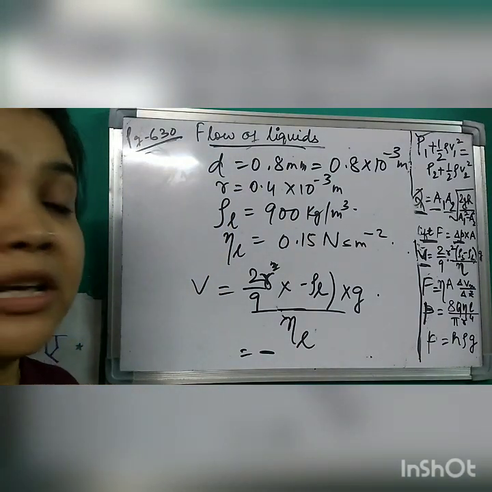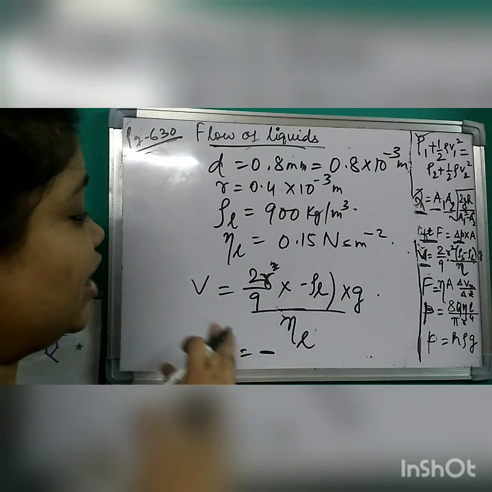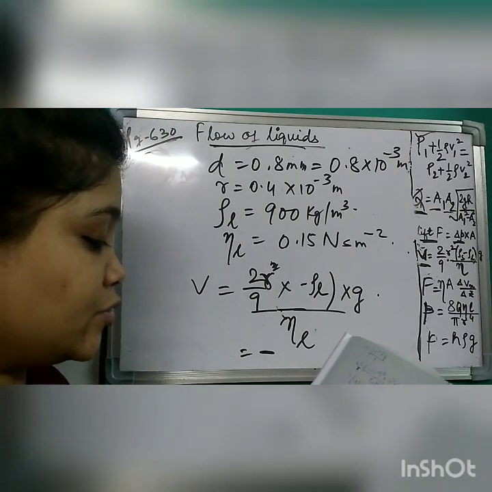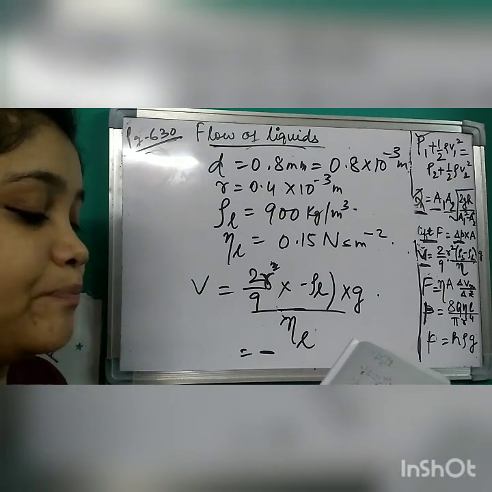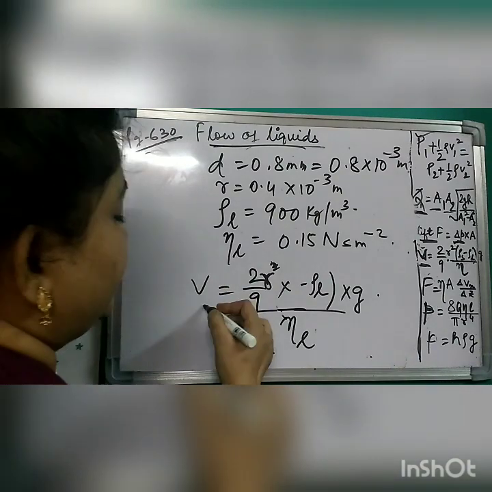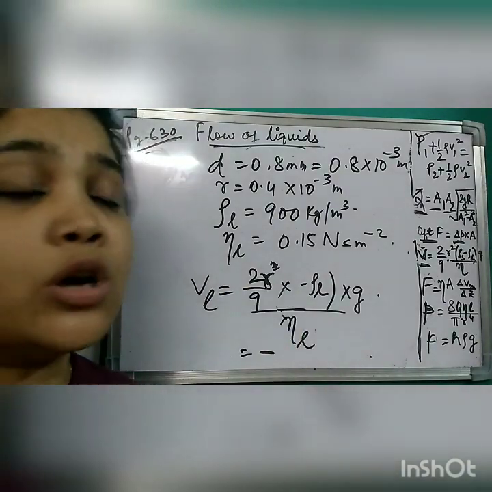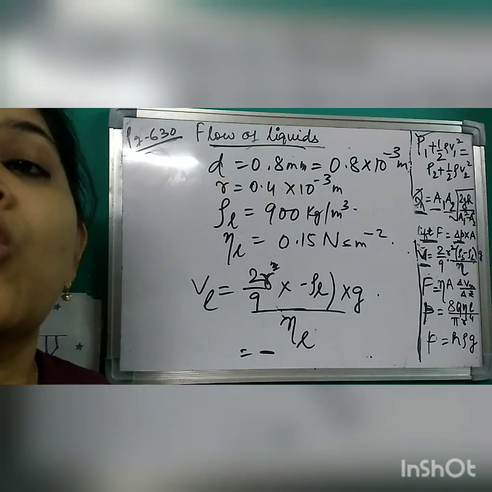So same bubble in water. We have found the velocity in the liquid. Have they asked to find what of the same bubble in water? Ignore density of air. So we have found the velocity in the liquid. Now you have to find the velocity in water.